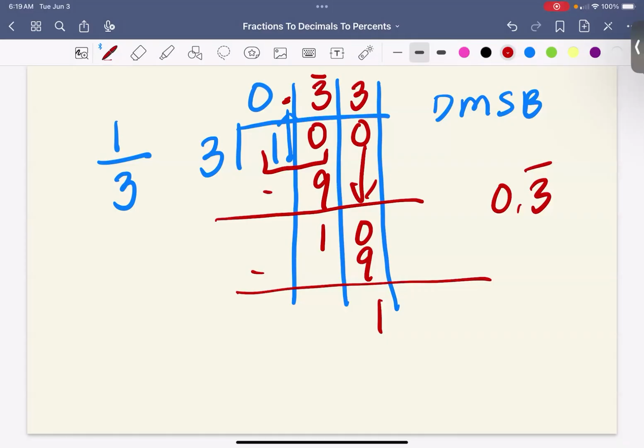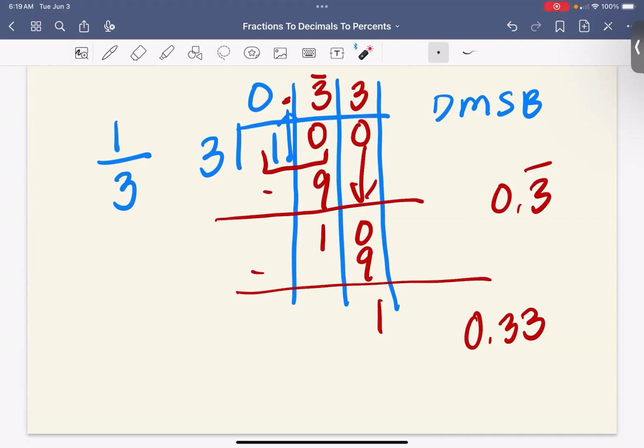Now, if I want to change this into a percent, because this is already a decimal, 0.33, I write the whole answer out. So whenever you do a division problem and you want to change it to a decimal, you want to write it out a couple of numbers behind the decimal. So at least until the hundreds place or the thousands place, depending on the level of specificity you want.